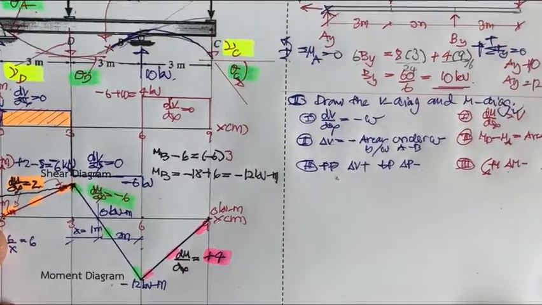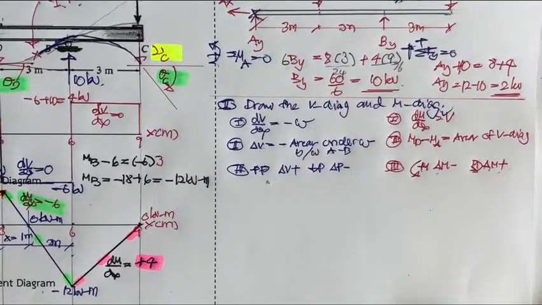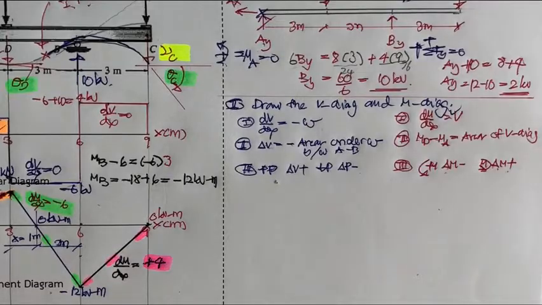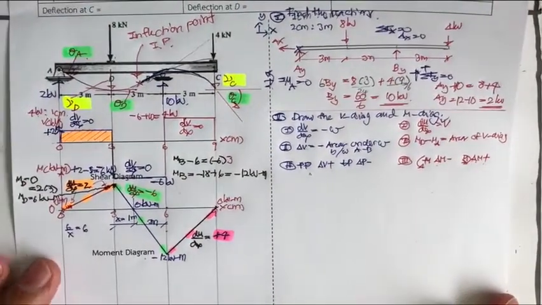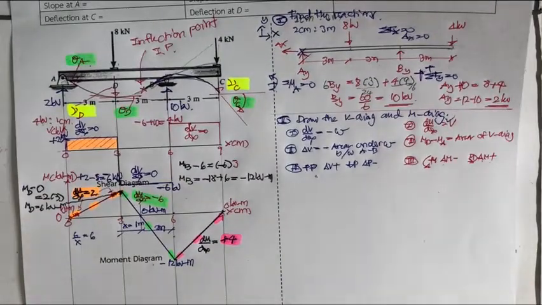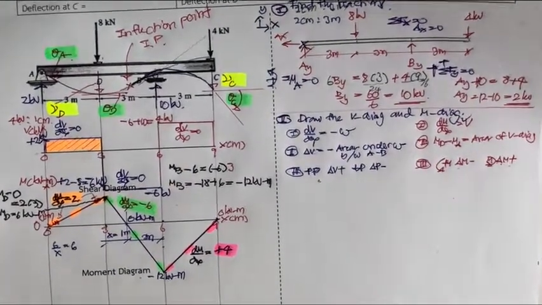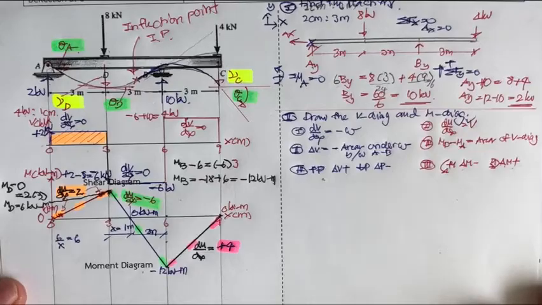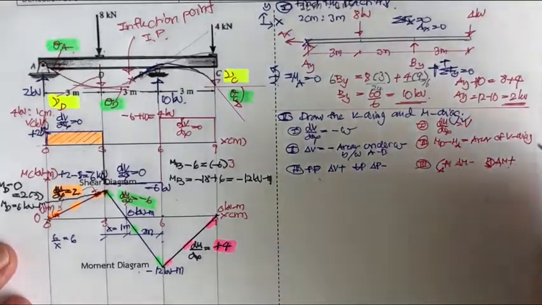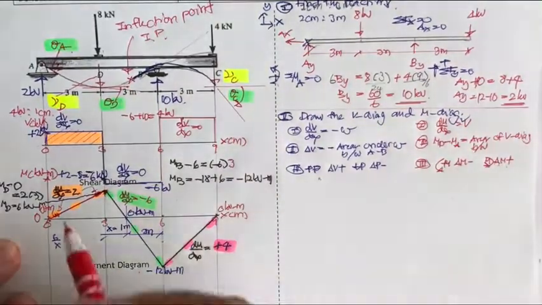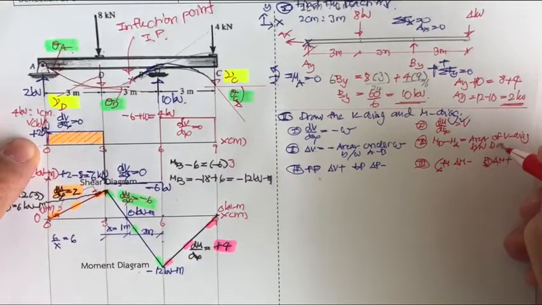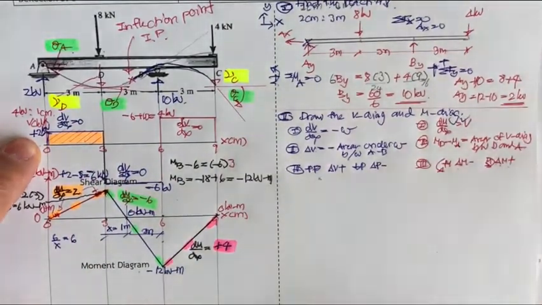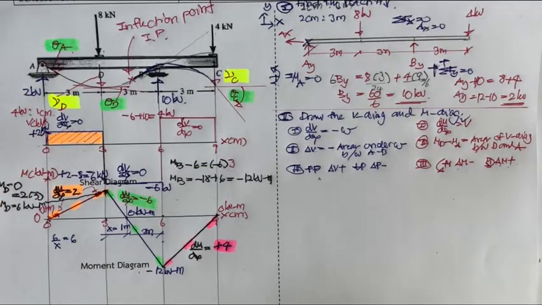The area under the V diagram, between the points, between D and A. Okay, that's the review of drawing the shear diagram and the moment diagram.